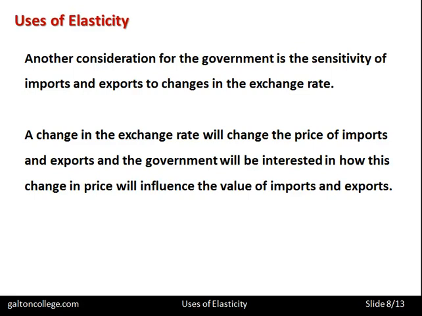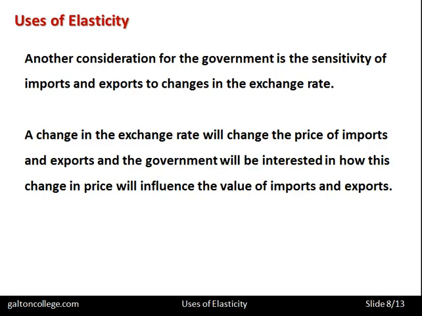So, for example, let's say the exchange rate changes and as a consequence the price of oil increases. That means the country has to pay more for its oil, because we buy oil as it's an important item for us. If oil was in elastic demand, then the increase in price would mean we'd switch into buying something else.